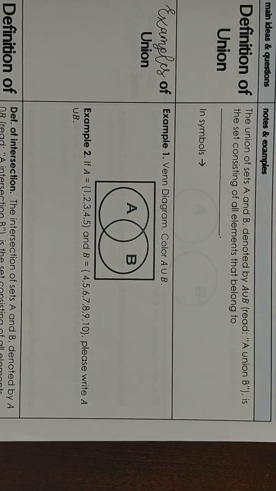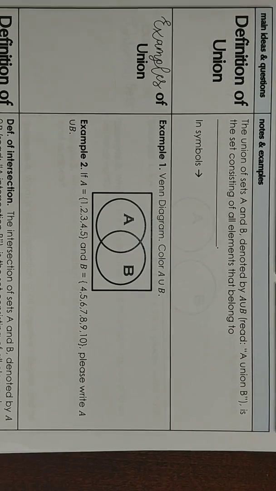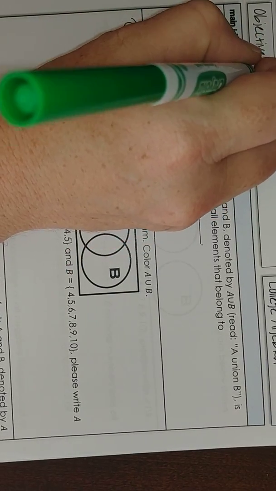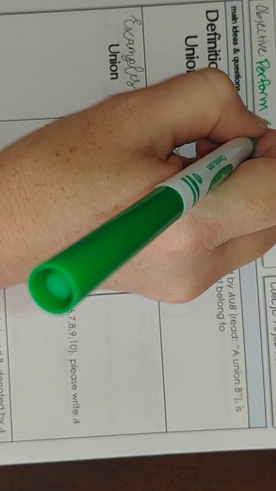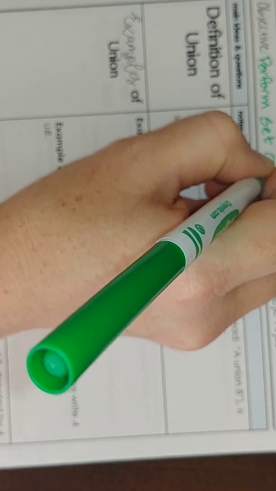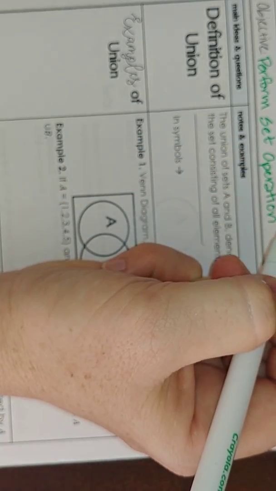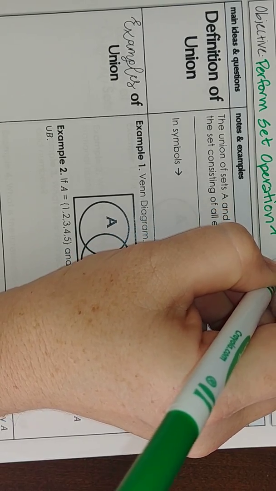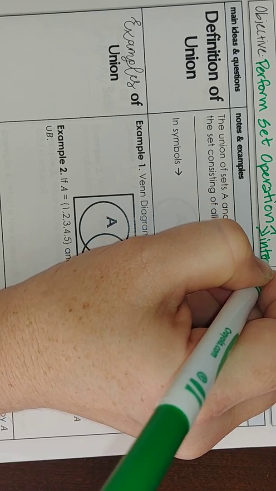Okay, in this next section, what we want to do is perform some operations on the sets. We're going to perform 2 main operations, namely union and intersection.